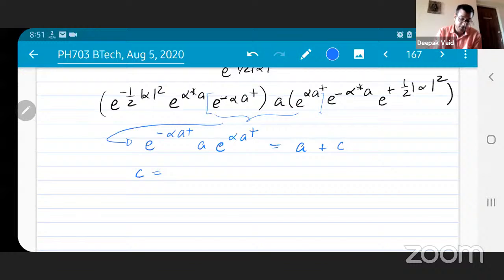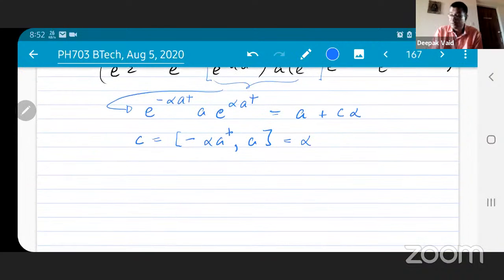There's no need to write alpha if I'm going to write the commutator. C times alpha, and the commutator is the commutator of alpha star A and this.